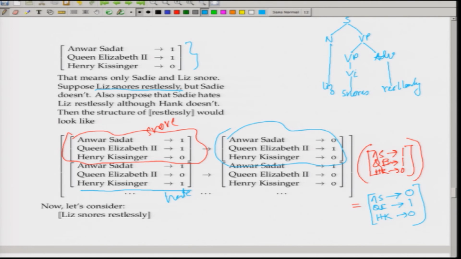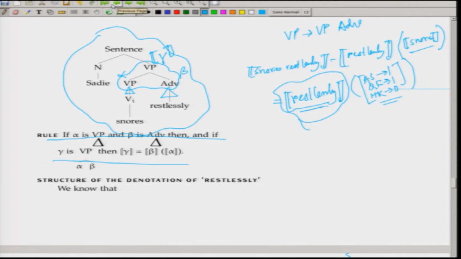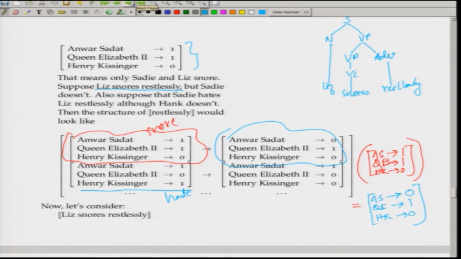Now, we can see that according to our rules, according to this rule here, restlessly takes snores. So, then restlessly is actually this function, this big function. It takes snores as we have seen, and after taking snores, so actually how it goes. So, it actually happens this way. The steps will be like this.